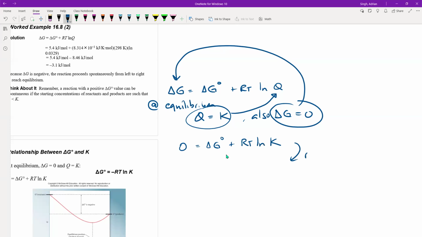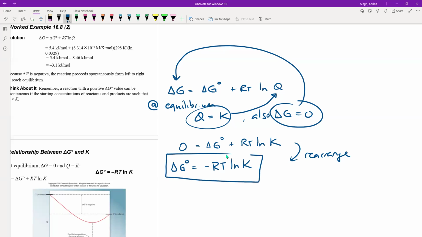And if we rearrange this equation, we end up with delta G naught, the standard Gibbs free energy, being equal to negative R, the gas constant, times the Kelvin temperature times the natural log of the equilibrium constant. And that is an important relationship because it now relates the standard Gibbs free energy to the equilibrium constant for a particular reaction.